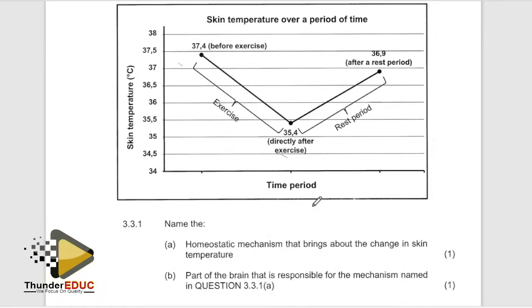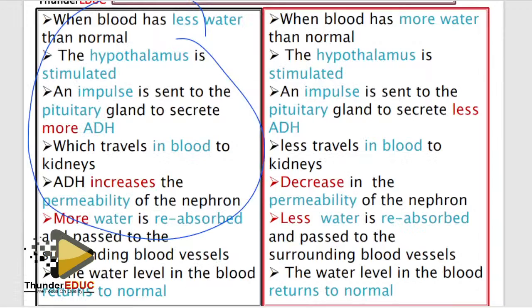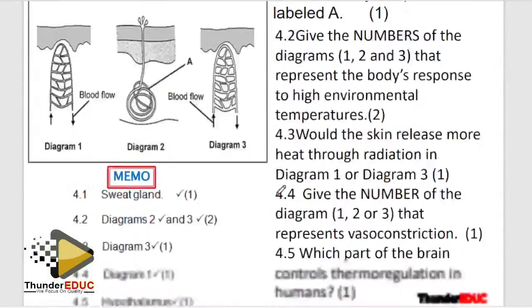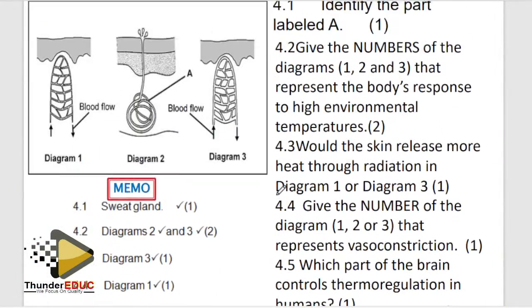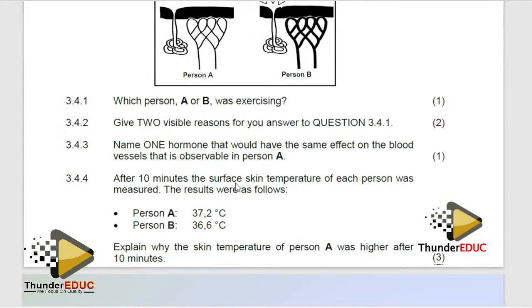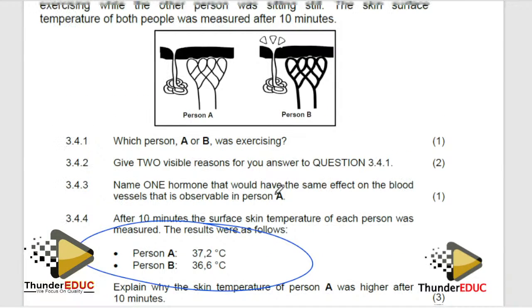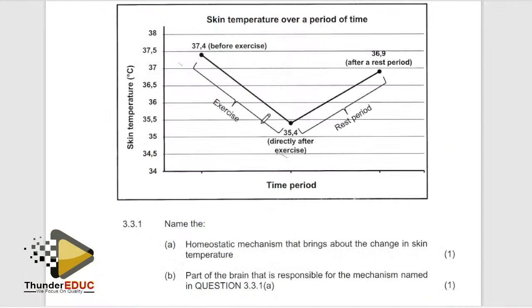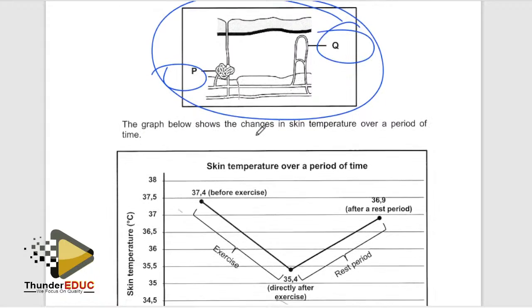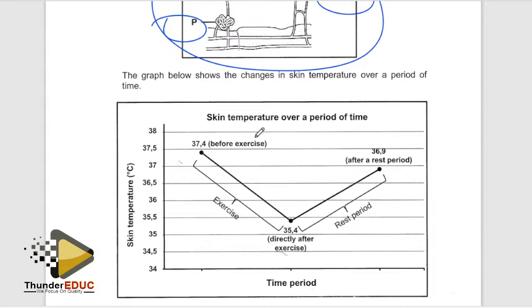So basically this time they brought it in a different version, but if you check our distinction material, the way I put those questions, they are basically trying to answer what is there. I explained it yesterday, but I hope you got it right. So P is the sweat gland, and Q is the blood capillaries.